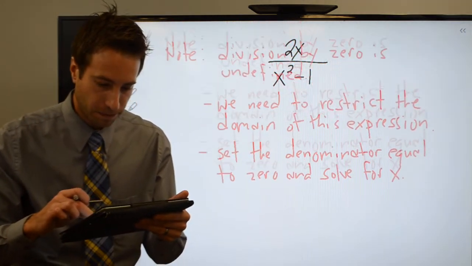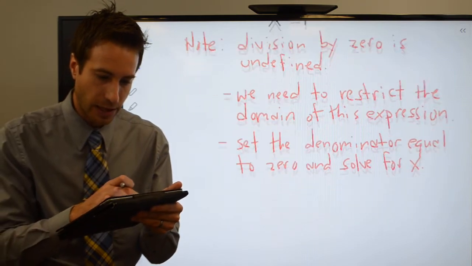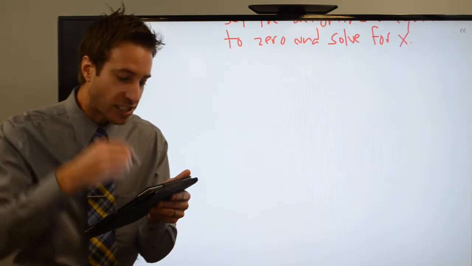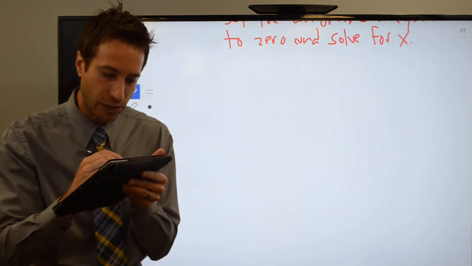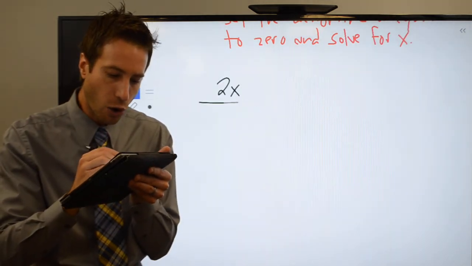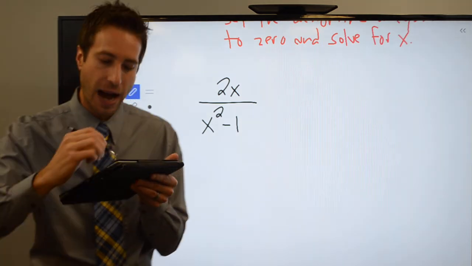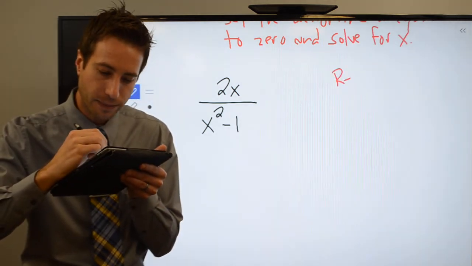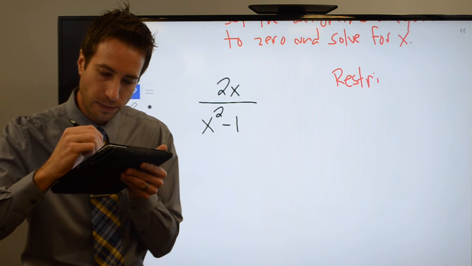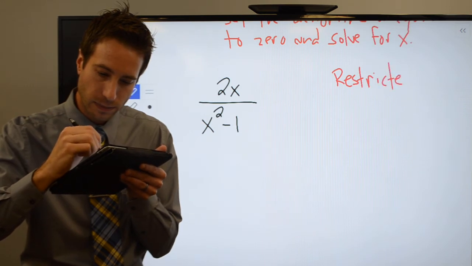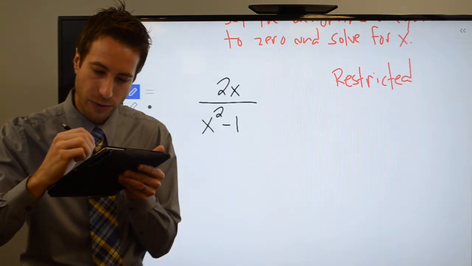So here we go. Remember, our simplified expression is 2x over x squared minus 1. But I need to find my restricted values.